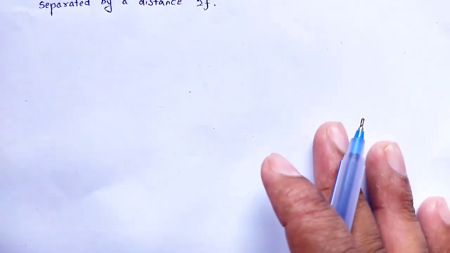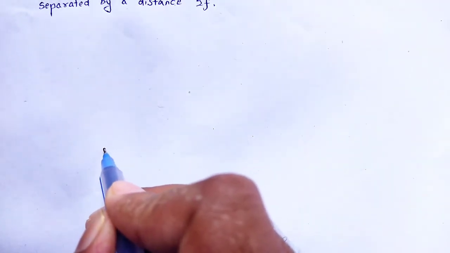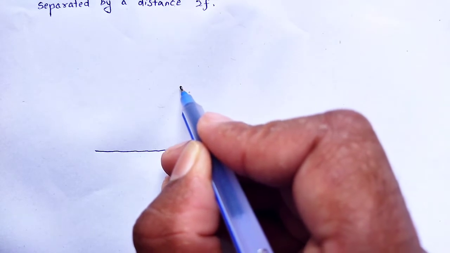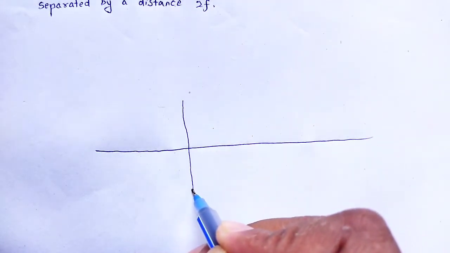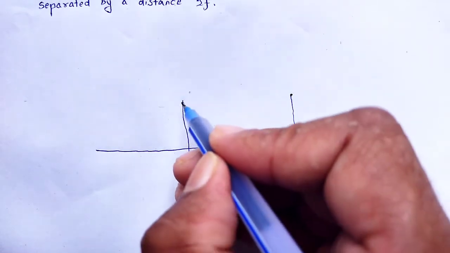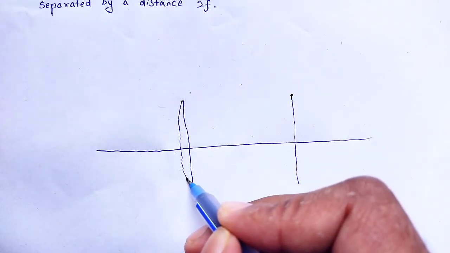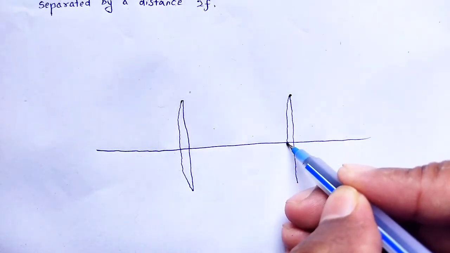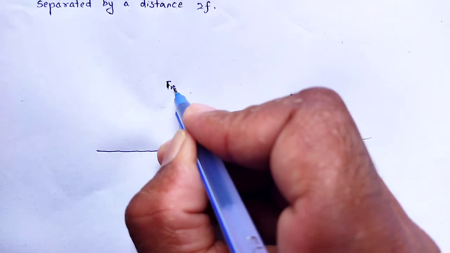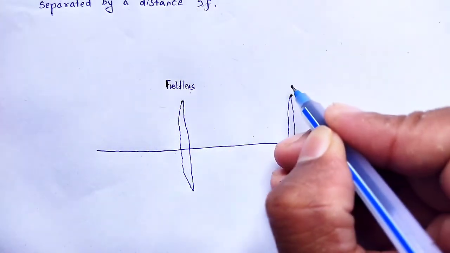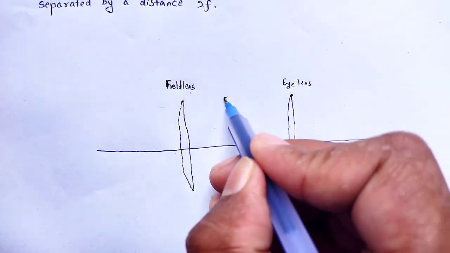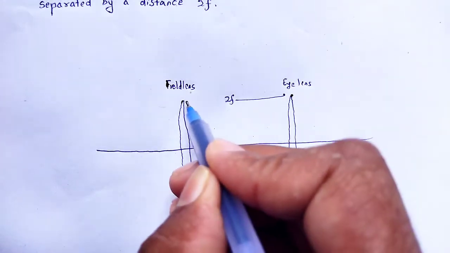So, the construction of the Huygens eyepiece: the plano-convex lens, that is the field lens, and that one is the eye lens. These two are separated by a distance of 2f.